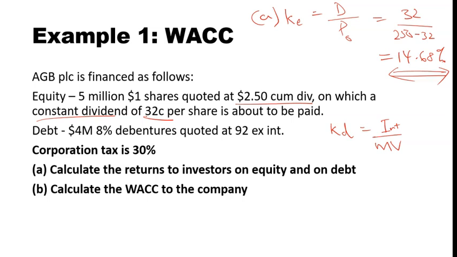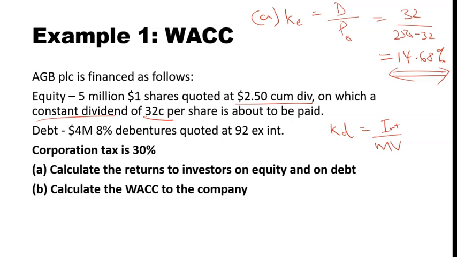And the interest here cannot be adjusted, because remember we are still on part A, where we are looking at the returns to investors on equity and on debt. So we are looking at the pre-tax cost of debt, because that's the rate required by investors. They do not enjoy tax deductibility of debt.